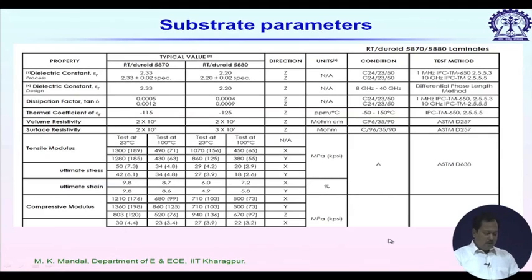Now, let us say we are going for a practical design. We want to design some millimeter wave components using some printed circuit board technology. So, for that we have to choose a printed circuit board first. What is a printed circuit board? It is nothing but a dielectric slab, and it comes with a top and bottom copper cladding metal.